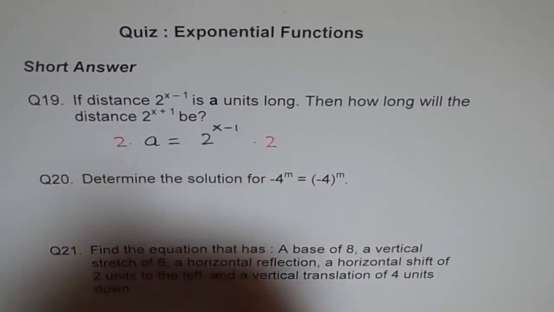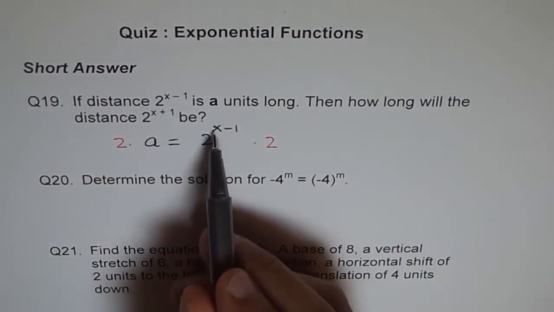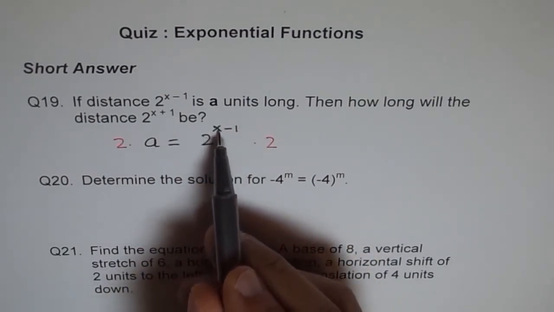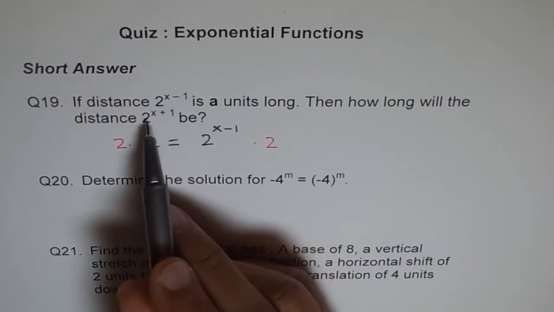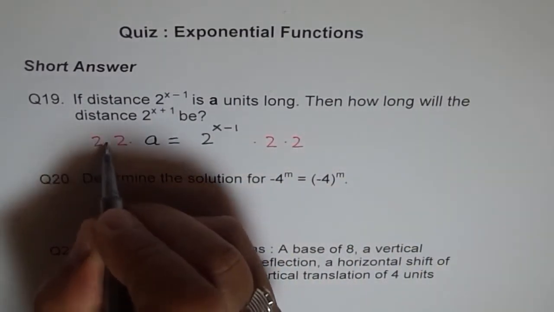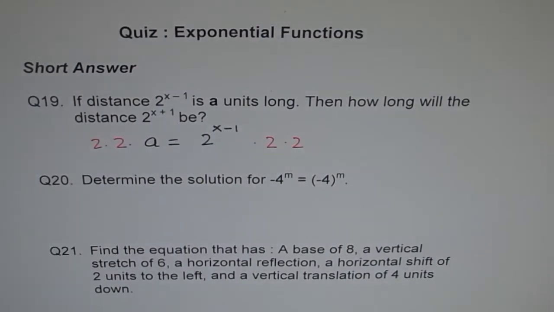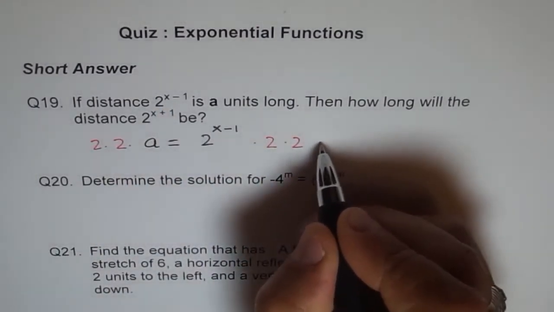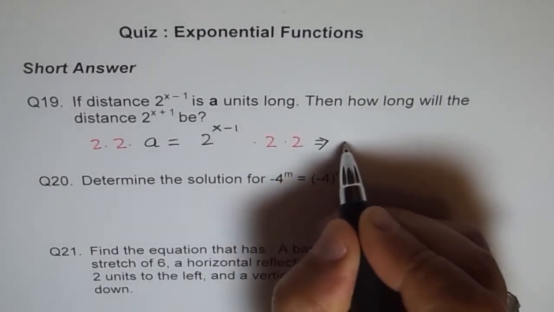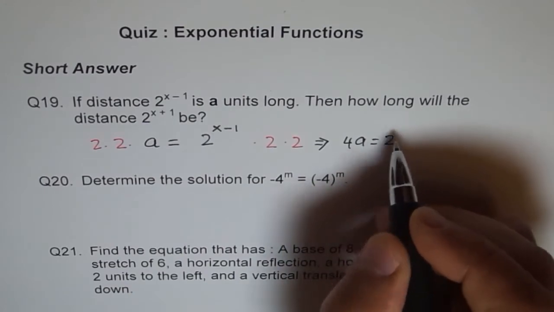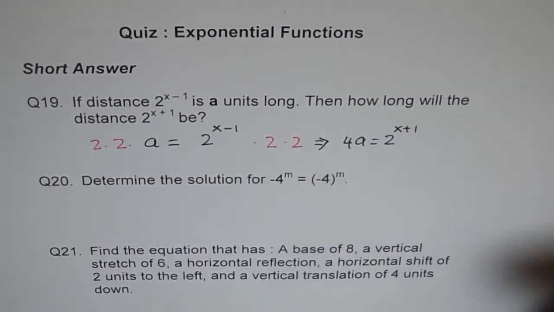If you multiply by 2, this becomes 2 to the power of x minus 1 plus 1, which means 2 to the power of x, right? But we need 2 to the power of x plus 1, so we'll multiply by another 2. So if we do that, then we get 2 to the power of x plus 1. So we get 4. This implies that 4a equals 2 to the power of x plus 1, correct?